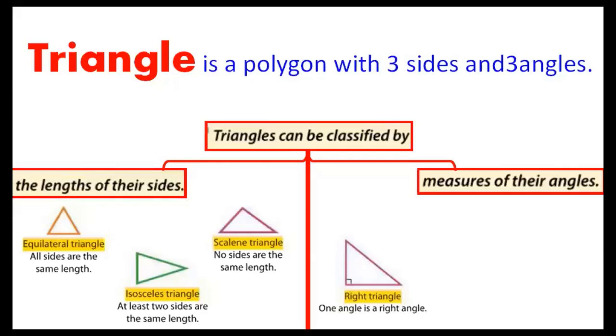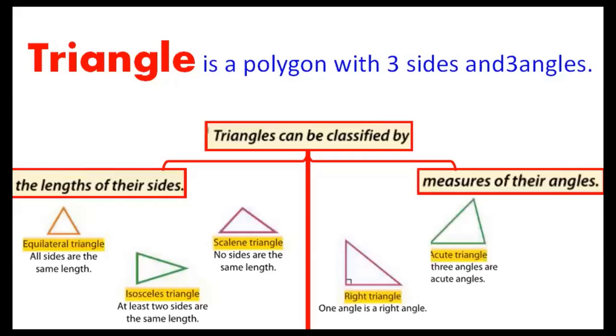The second type here, acute triangle. An acute triangle has three acute angles. Three angles inside, all of them less than 90.